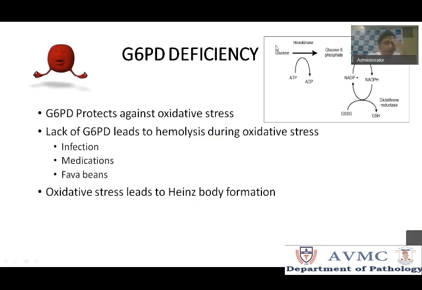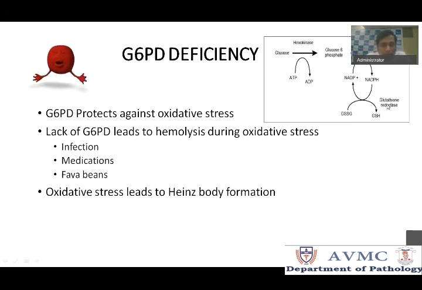Why Heinz bodies in G6PD deficiency? This G6PD enzyme is very important to manage the oxidative stress in the RBC because of NADPH formation. If G6PD is not there, NADPH will not be formed, and then this NADPH will not help in the formation of glutathione reductase.